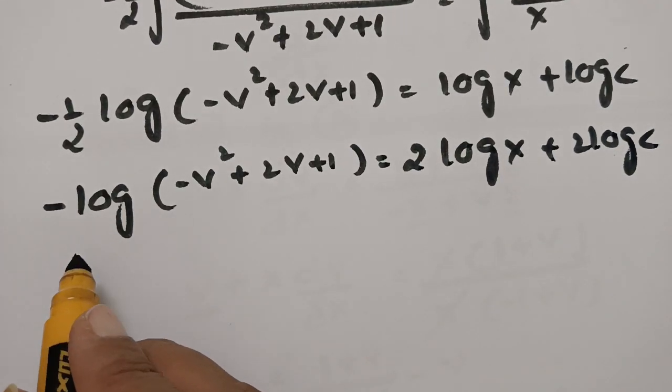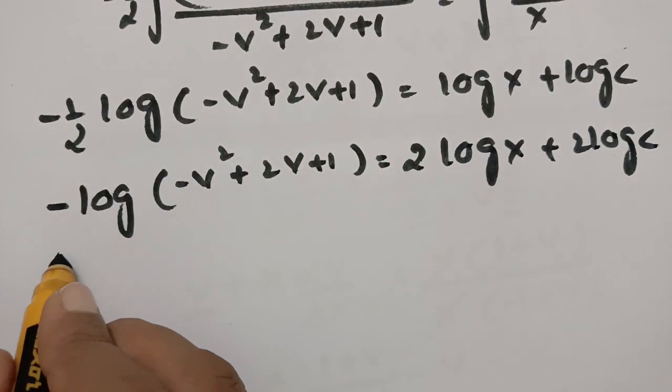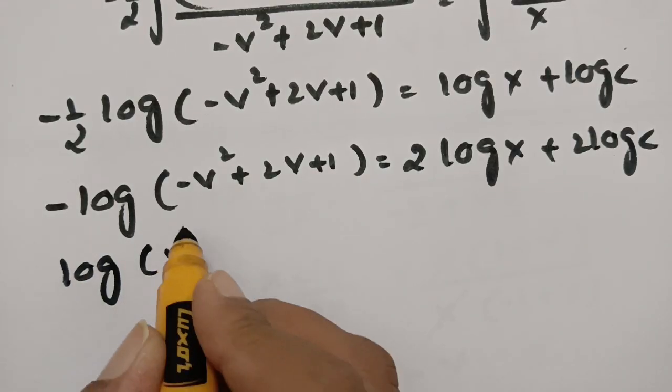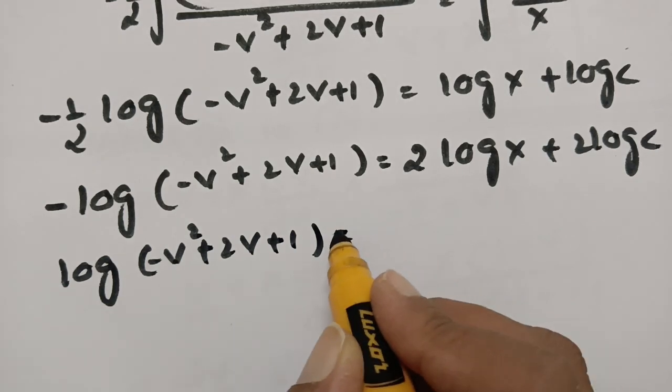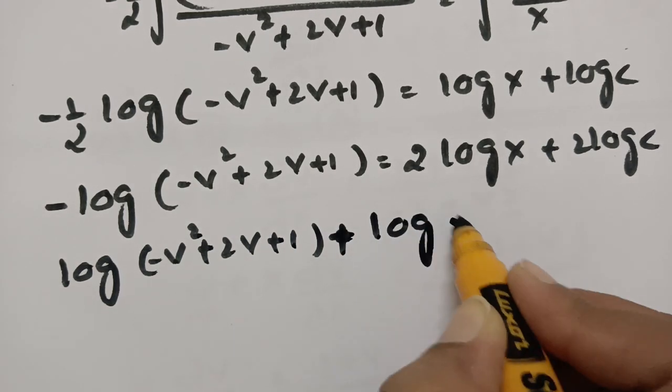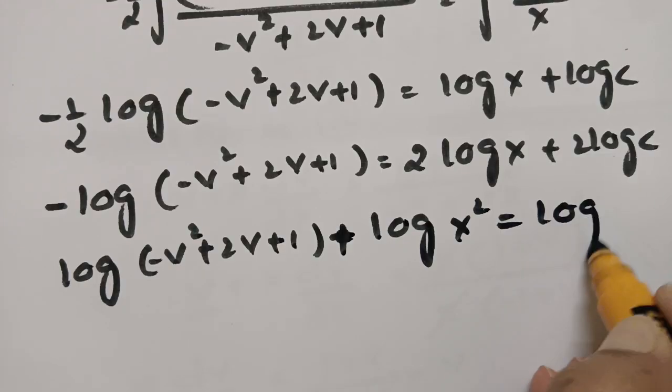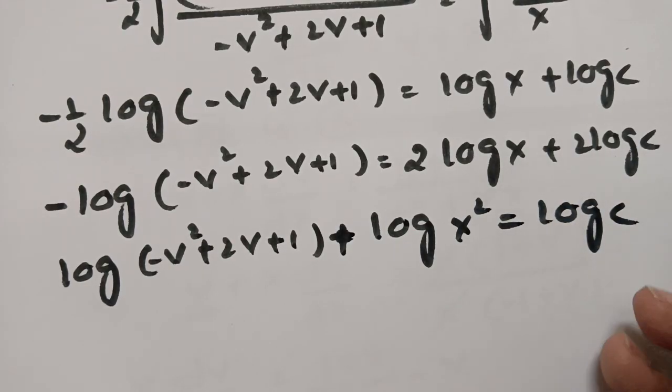I am sending this 2 to the other side, so this is going to become log of minus v square plus 2v plus 1 plus log x square is equal to some log c. So 2 into a constant is some constant again.